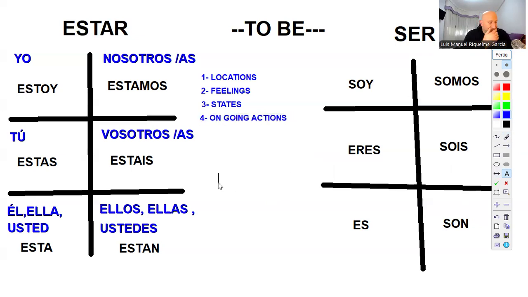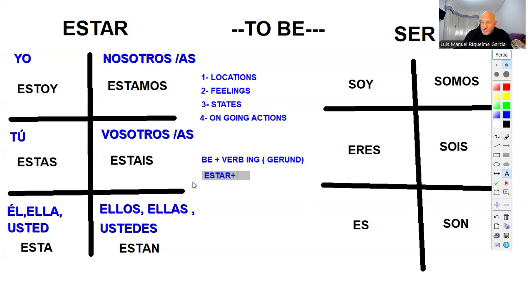Ongoing actions are, in English, when you are doing something and you want to express that, you use be plus a verb with an -ing at the end. That's called gerund in English and in Spanish as well. So in Spanish, we do the same. To do that, we use the verb estar, conjugated in its different forms, plus our gerund.